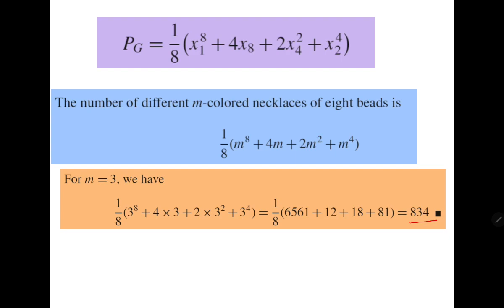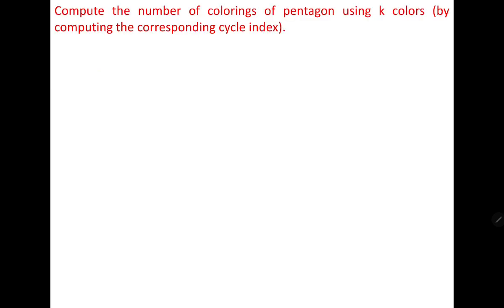Okay. Let's try one more question. So now the total number of the colorings using pentagon. Now since it is not mentioned, I have to consider both the symmetries, rotation as well as reflection. Yes, 5 rotations are there. Rotations are quite easy. So 1, 2, 3, 4, 5.